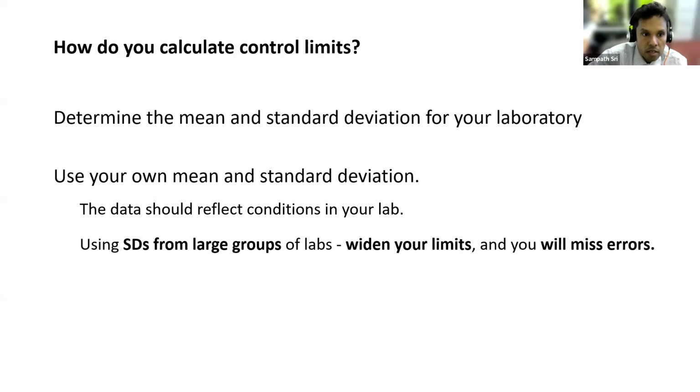So it is the same thing again. Our own mean and standard deviation will help us to have narrow control limits. If you use the manufacturer's SD that came from a large group of labs, it will widen our limits and we will miss some errors.